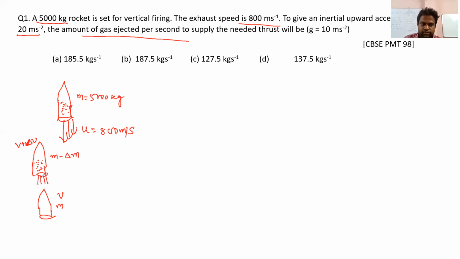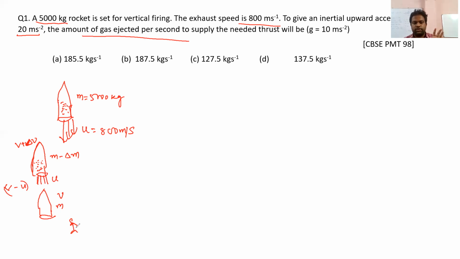And the fuel which is coming out, let's say with a speed u with respect to the rocket. Now if an observer is standing outside, what will you observe? You will observe that the speed is v minus u, okay, because the rocket is going up with a velocity v and the fuel is coming with u.